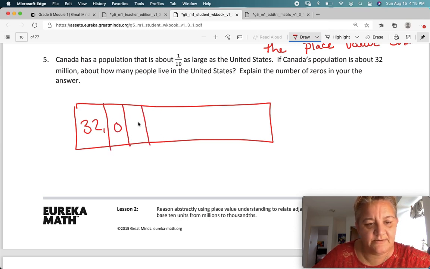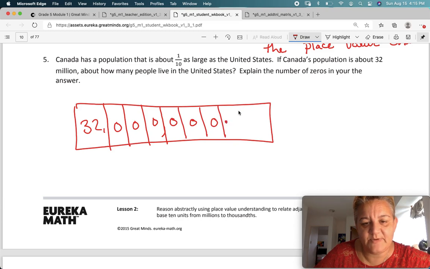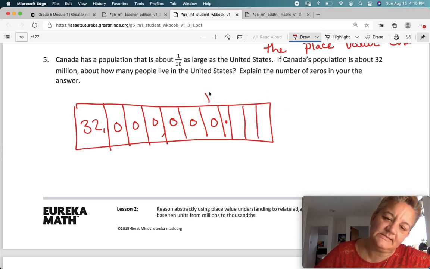And that's a 0, and that's a 0, and that's a 0. And then there's a comma there, and that's a 0, and that's a 0, and that's a 0. And then we get to our decimal point. Okay, so here is our ones, tens, hundreds.